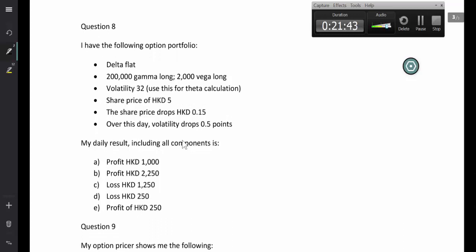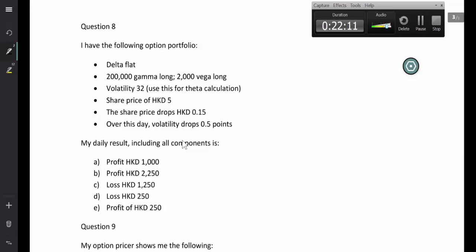Good afternoon. So you have the following option portfolio. They did mention portfolio, but it doesn't matter if it's 1 option or 10 options. You are delta flat, you are 200K gamma long, 200 Vega long, vol is 32. They tell you to use this for theta calcs. Share price now is 5.